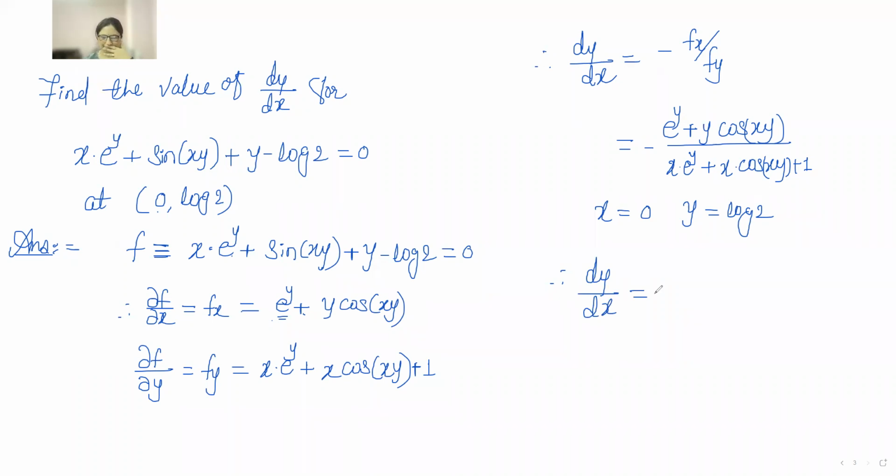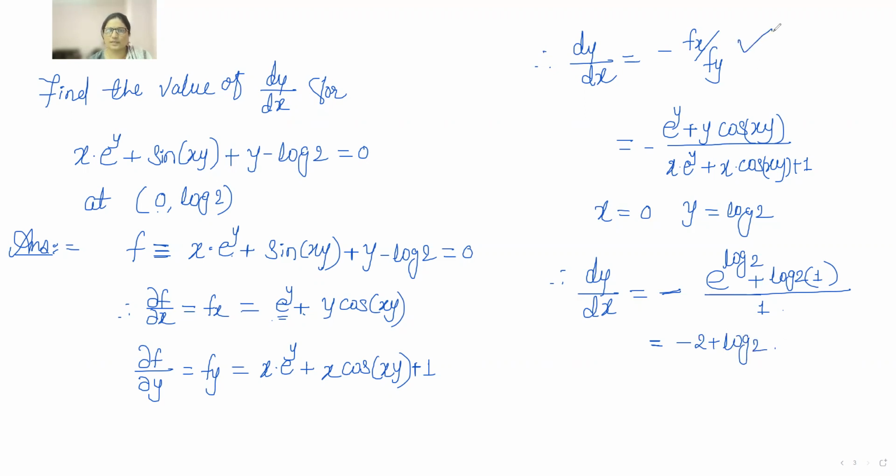So we have minus e raised to log 2 plus y, that is log 2, into cos 0, that is 1, divided by x, that is 0, second term also 0, divided by only 1. So here we are getting minus e raised to log 2, and e raised to log 2 is 2 only. So it is 2 plus log 2.